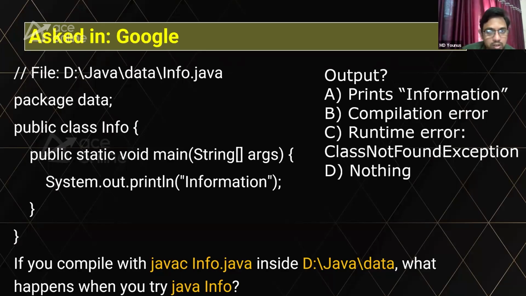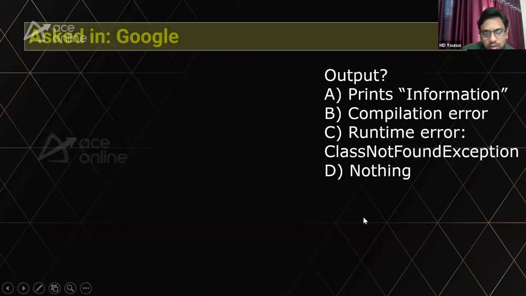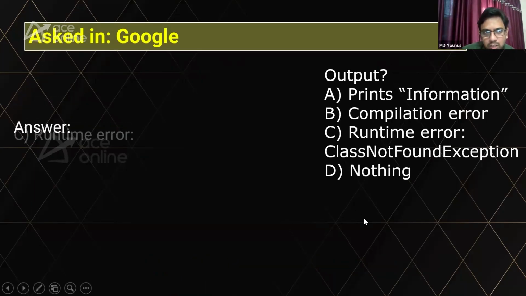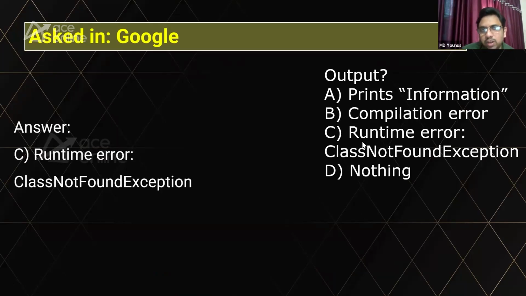We have seen this earlier, right? This will give you a runtime error that class not found. It will give you a runtime error called class not found because we are running the program, not simply compiling it.